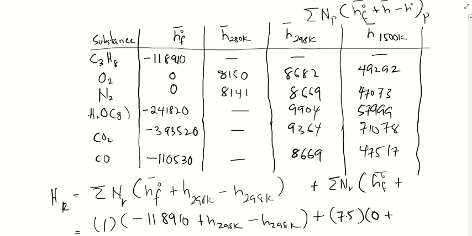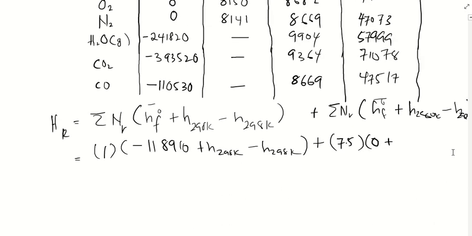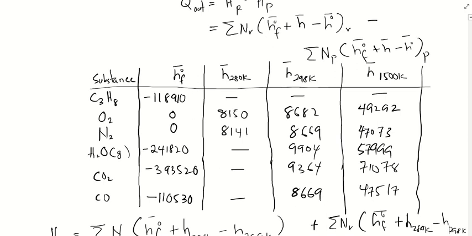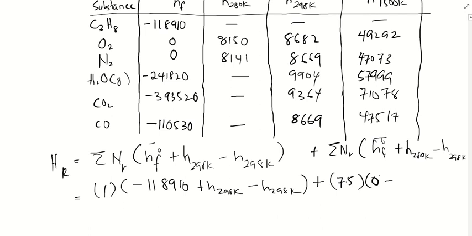For oxygen, it occurs at 300 Kelvin, so H300 Kelvin minus H298 Kelvin, plus 8150 minus 8682.